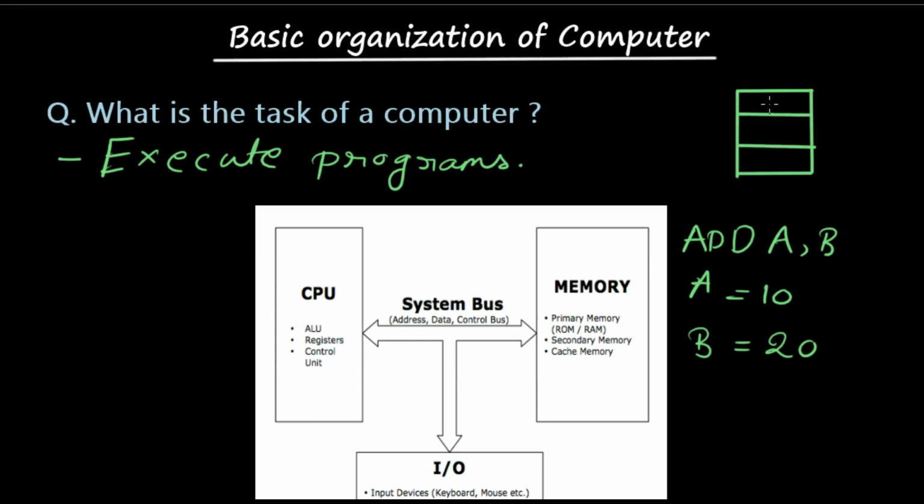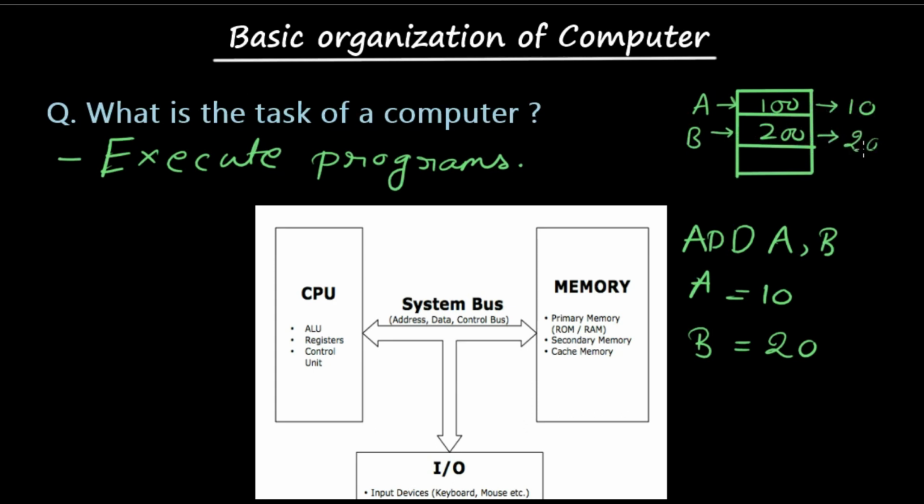Let's say in location 100, identified as A, we have the value 10. In location 200, identified as B, we have the value 20.